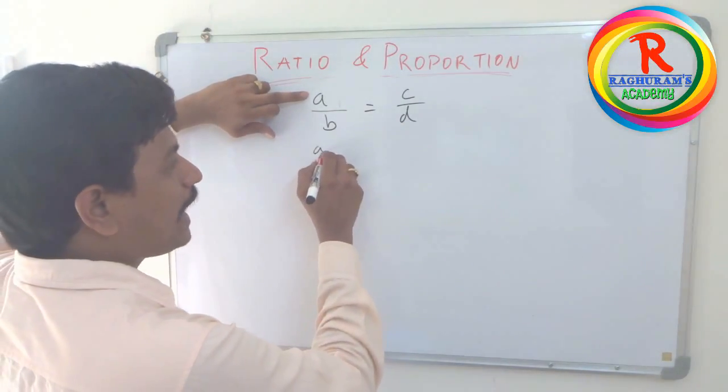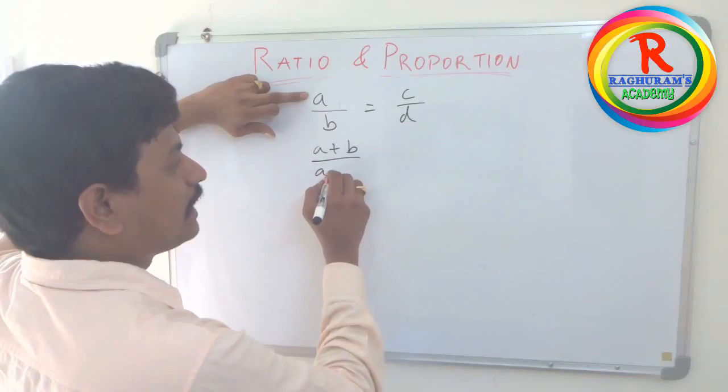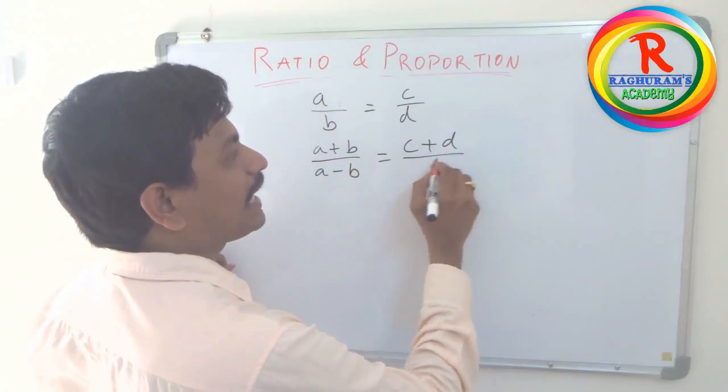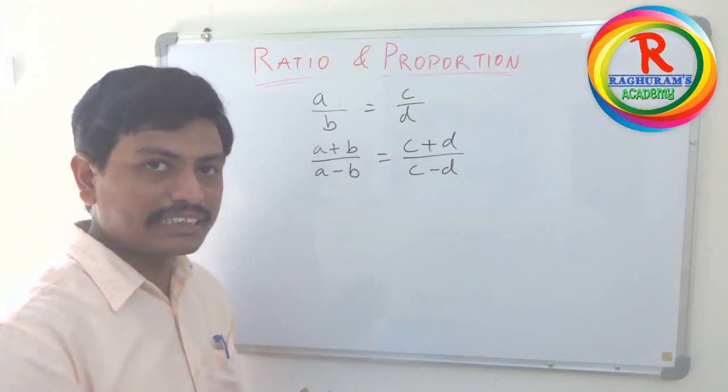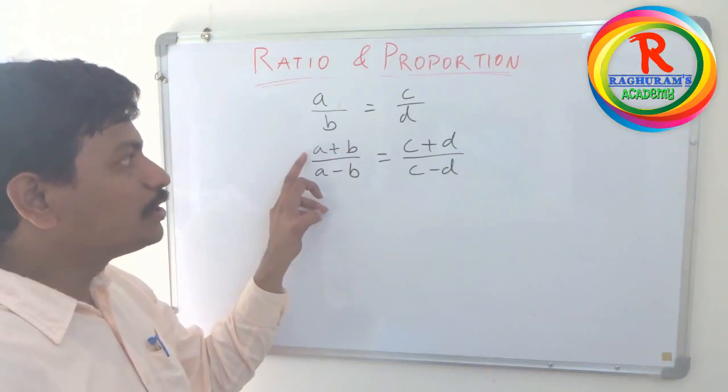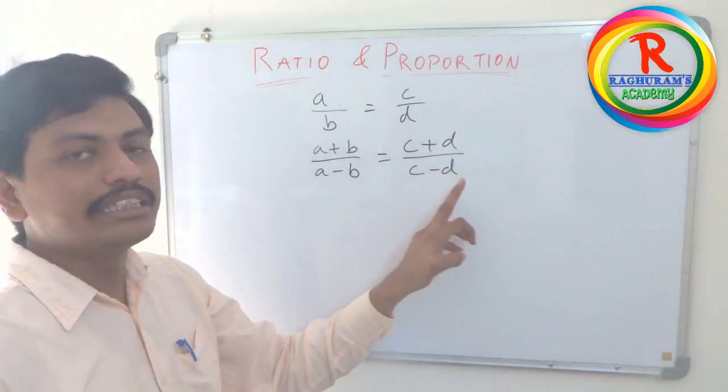So here that is A plus B by A minus B is equal to C plus D by C minus D. Componendo and dividendo both: numerator componendo, denominator dividendo.